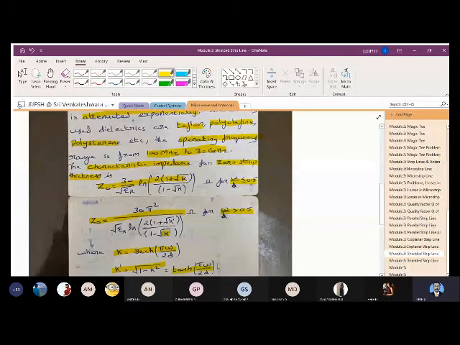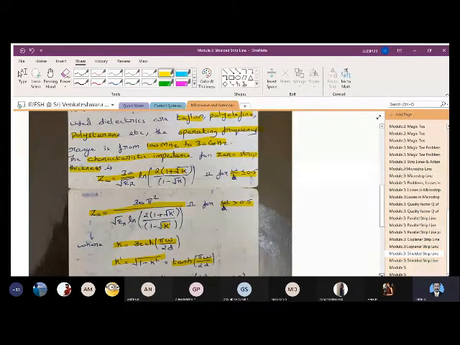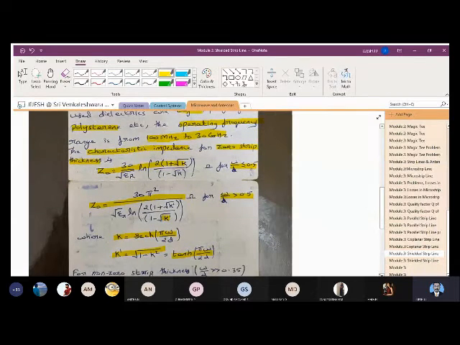So k dash is tanh pi W by 2D, and k is sech pi W by 2D. You may have to find out all these parameters when you are finding the characteristic impedance of a shielded strip line.